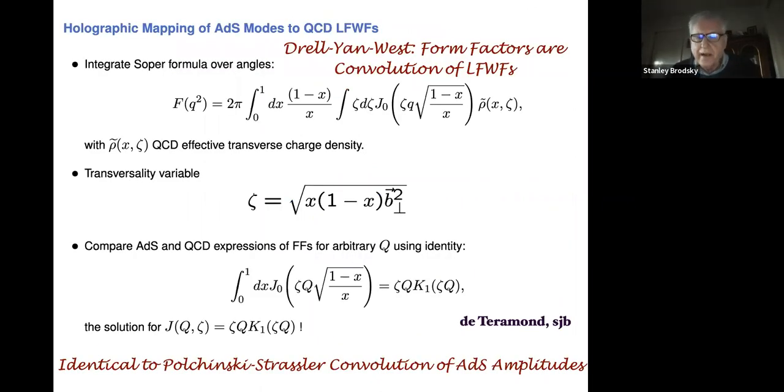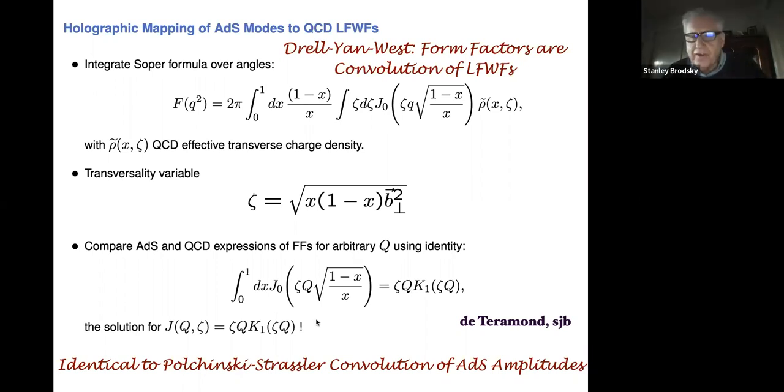Well, Polchinski and Strassler computed form factors in the fifth dimension. And if you compare their formula, which is in coordinate space in z, with our formula for F of q squared, then it turns out when you make this change, you identify zeta with z, you get the identical equations that Polchinski and Strassler have.